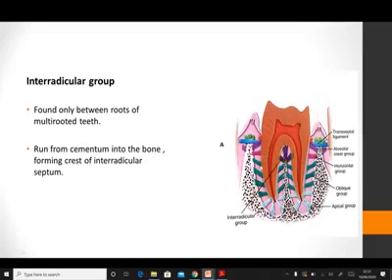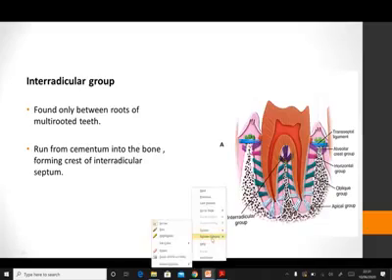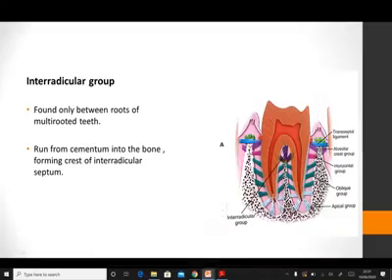Then we have the most abundant ones, the oblique ones, which run in an oblique direction upwards in the periodontal ligament. They are inserted onto the cementum on one side, and from there they radiate upwards or coronally to be inserted onto the alveolar bone. Then we have the apical fibers, which originate from the cementum at the apex of the root, and they get inserted onto the base of the socket on the other side.